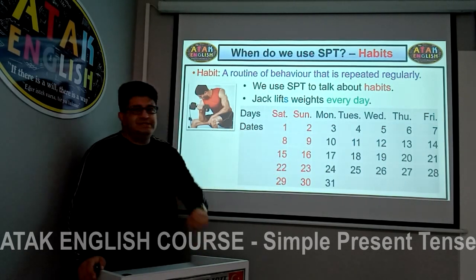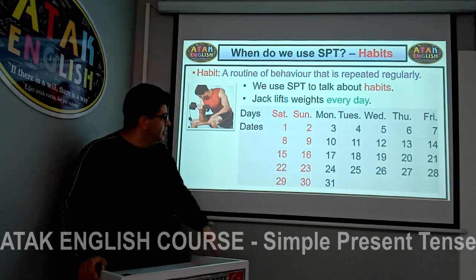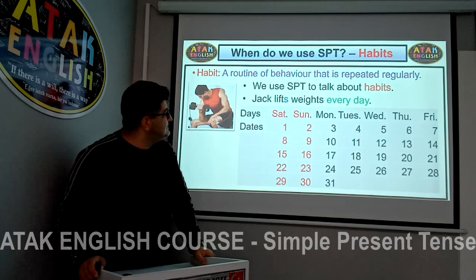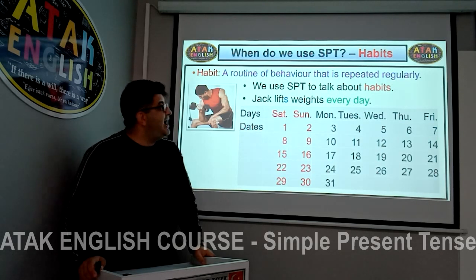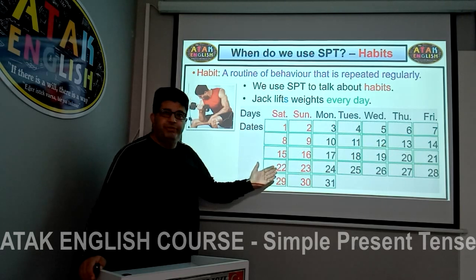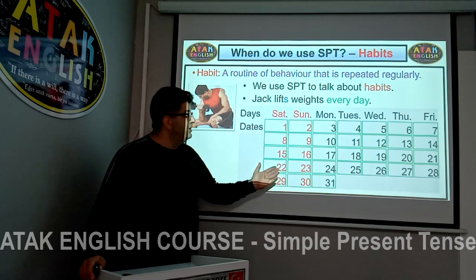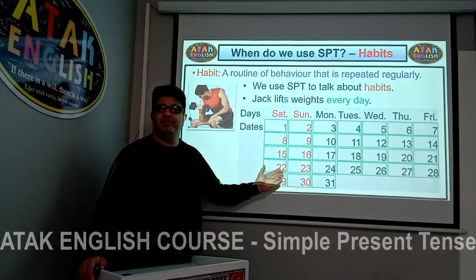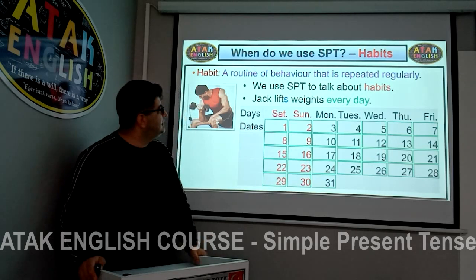Okay, how many days are there in a month? 30, in some months 31 days. Okay, what does that mean? Jack lifts weights every day. How often? 30 days out of 30 in a month. Every day means 30 times a month. Every day. Okay.